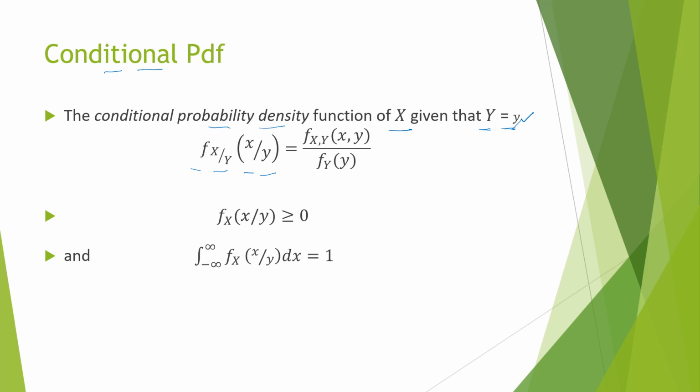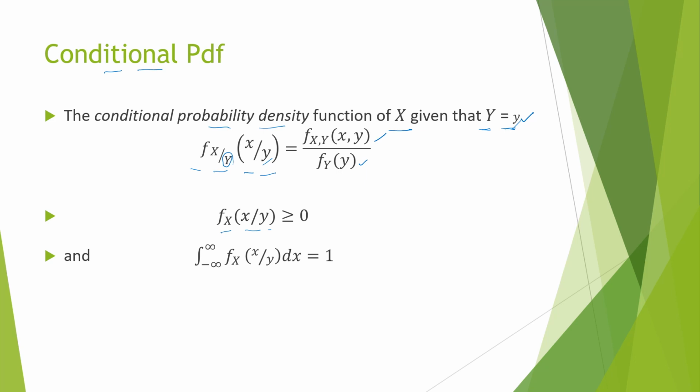It is the conditional PDF of x given y. So we can simply write fX(x|y), and that is given as the joint PDF divided by fY(y). If I want the probability density function of x when y is given, that is the conditional PDF, it is equal to the joint PDF divided by the probability density function of y.